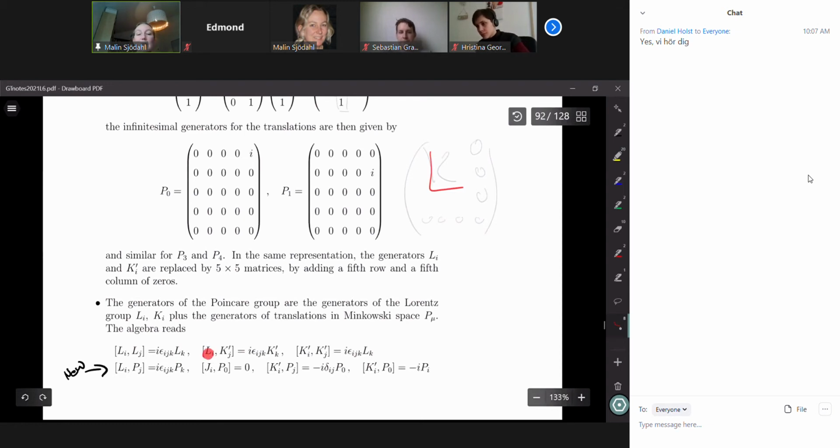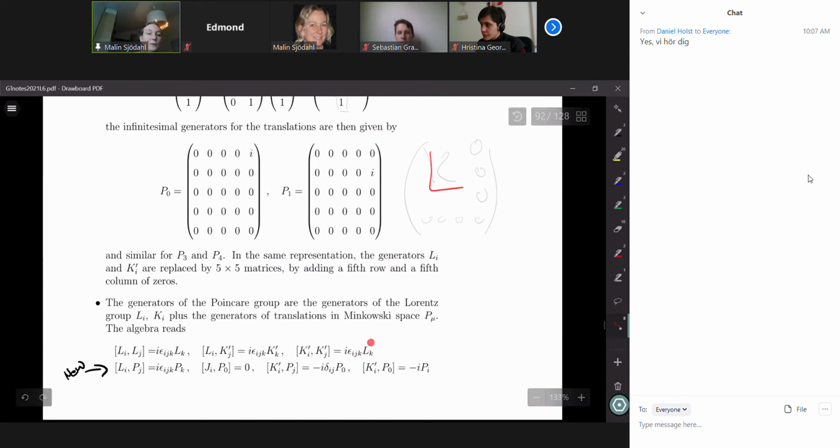We take rotation generator I with the boost generator j, then what remains is the last index boost generator k here. And if we take the commutator of 2 boosts, we get something proportional to the last remaining rotation generator.